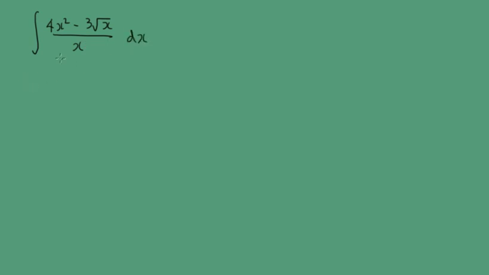Now again, we want to expand all this out, so we'll multiply through by x to the minus 1. So that's going to give us 4x minus 3x to the minus a half. So 4x minus 3x to the minus a half dx.